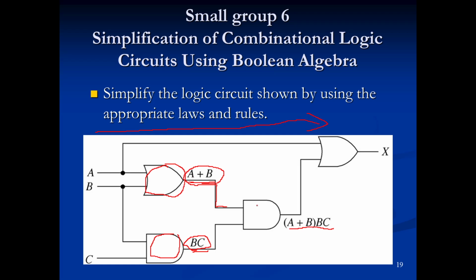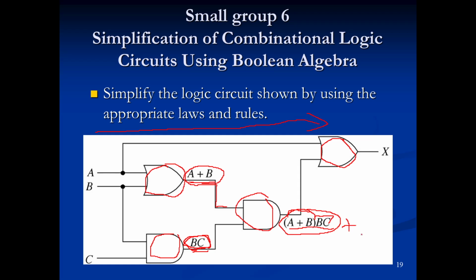Writing it down helps us then to move on to this gate. So we take the inputs of this gate and AND them together. So we're ANDing this A or B here, and we're ANDing it with what? B and C here, right? So then that's our result for this node. So now we move on to this last gate, this OR gate. It's this whole value that we figured out here, ORed with just A, right?